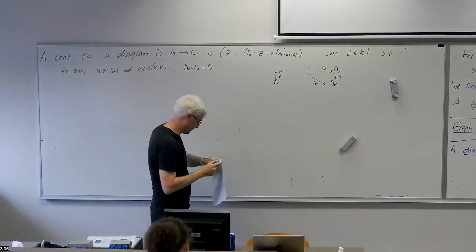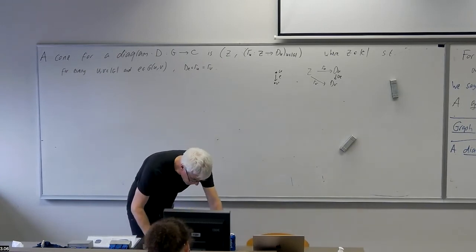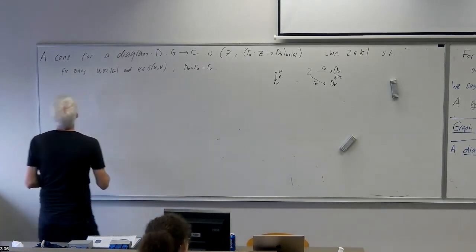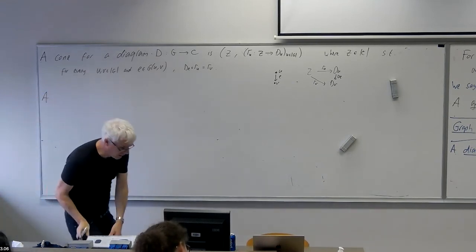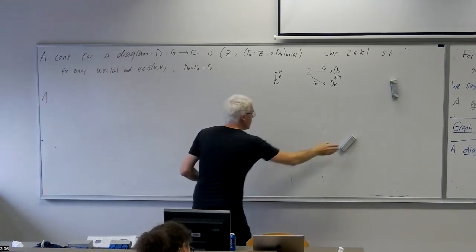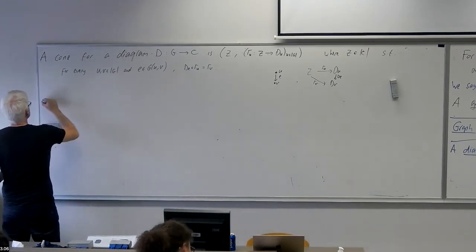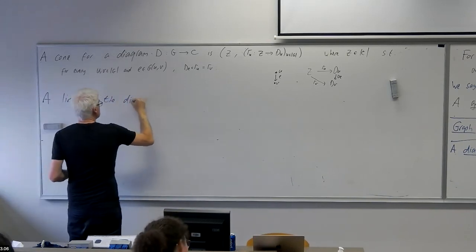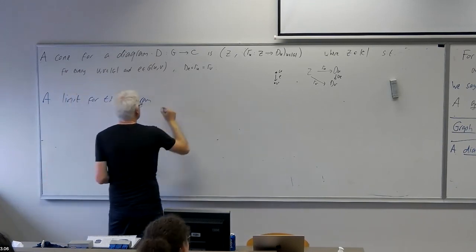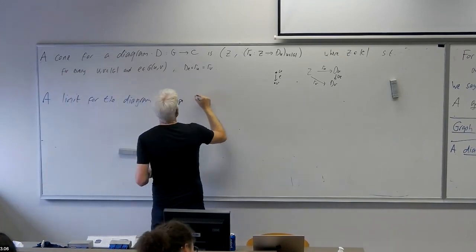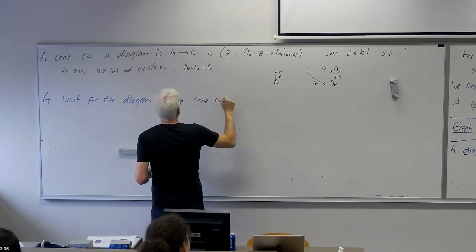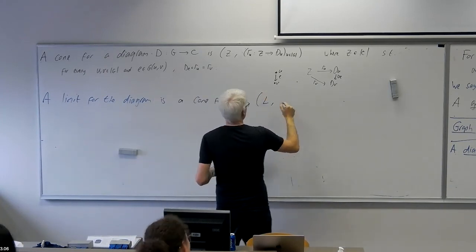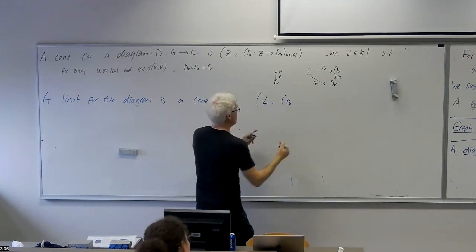Then a limit. I want a different color. A limit for the diagram is a D cone, so it's a cone for D. Let's call it L for the limit map, and let's call these maps p_u, like I was doing before.